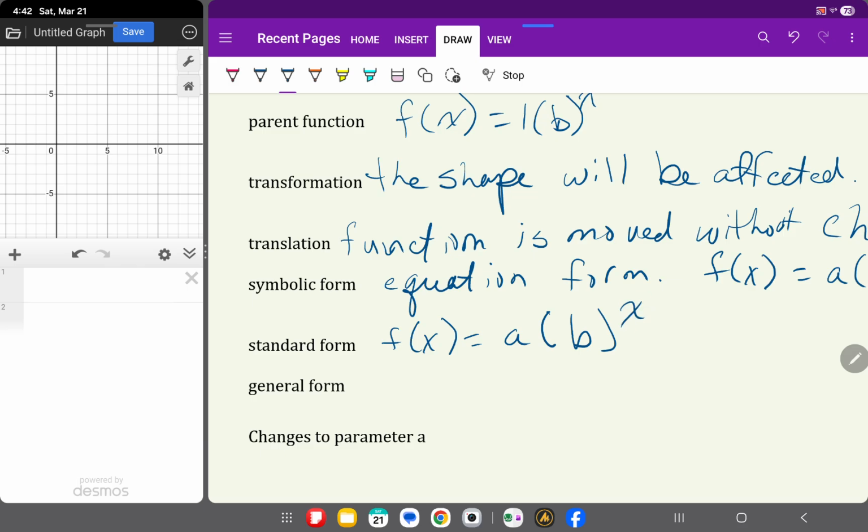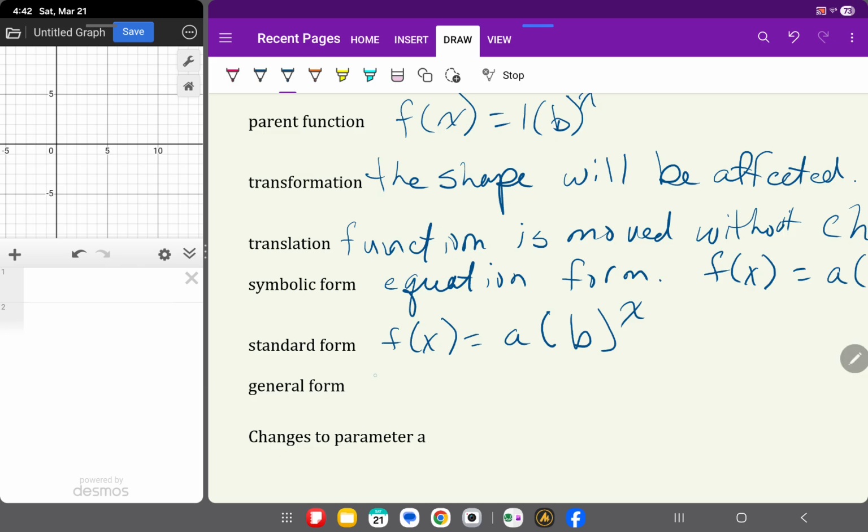General form is when we want to have all the parameters that we can apply to a function. In other words, we can reflect it, we can stretch it, we can make it grow horizontally or vertically. We can shift it to the left, to the right, up, or down. So in general form, we need four different parameters.